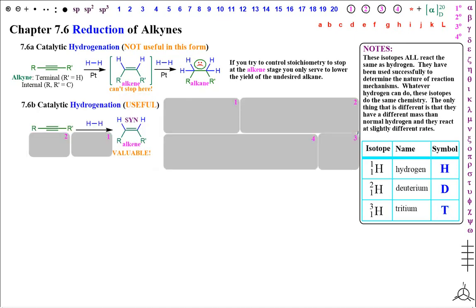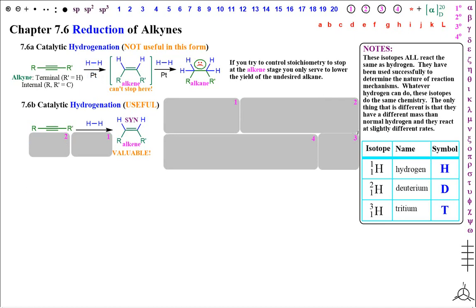Let's look at a more useful catalytic hydrogenation reaction in 7.6b, one that gives us access, with a syn addition of hydrogens, to a valuable cis alkene. And we're going to start by learning the chemicals that have to go with hydrogen. Platinum didn't do the job clearly up here. There was a chemist named Lindlar who developed a series of catalysts, and one of them worked.